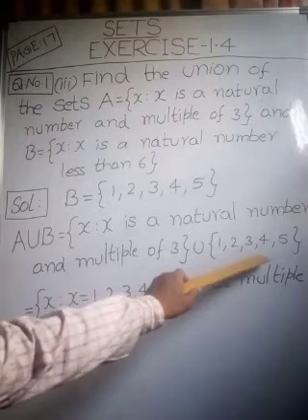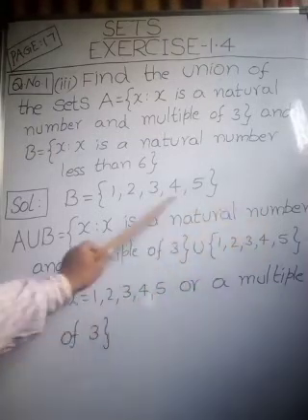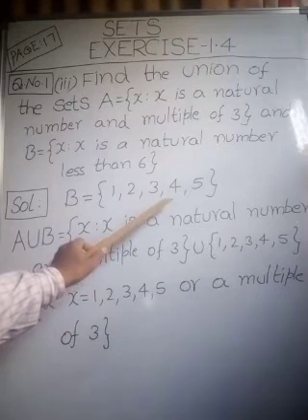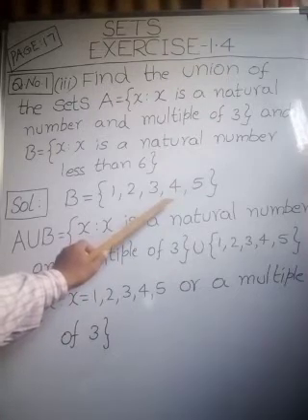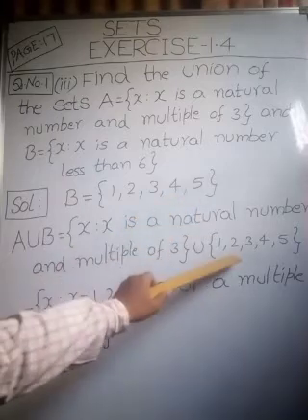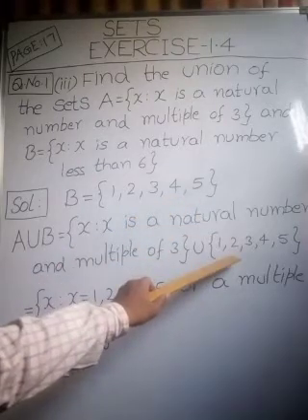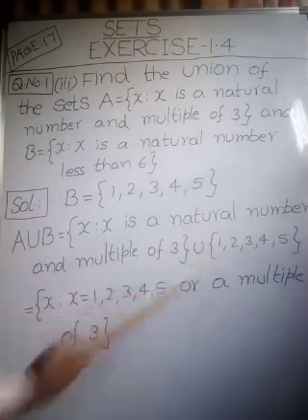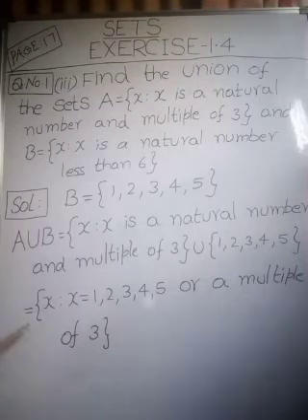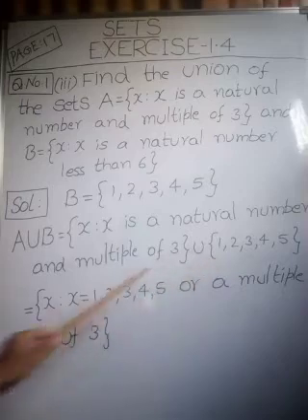Here I wrote set B in the roster form because I have already written set B in the roster form. So I wrote set B as it is here. Understood this step, my dear children? Right.